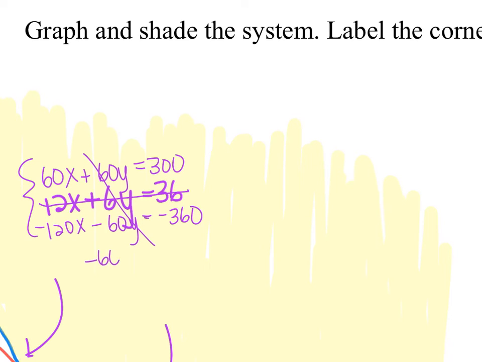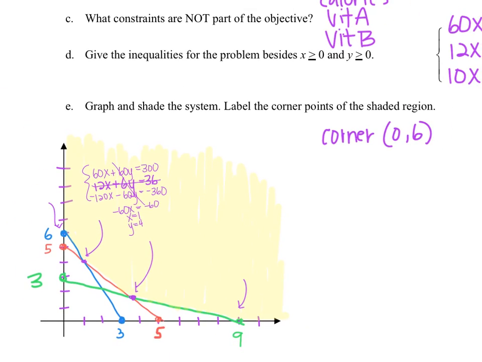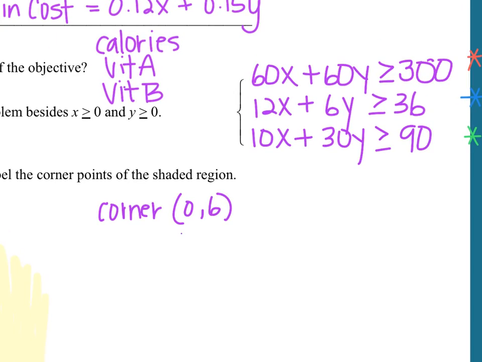I'm left with -60x equals -60, so x is 1. And if x is 1, y has to be 4. That's the only way that equation works. All right, so this is the point 1, 4. So I have another corner to add to my list, 1, 4.